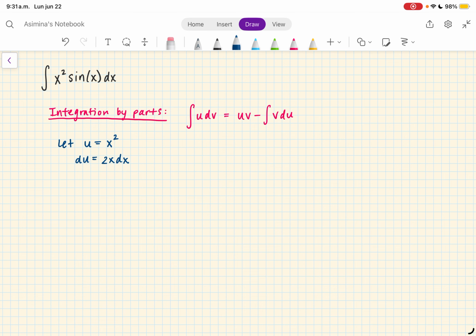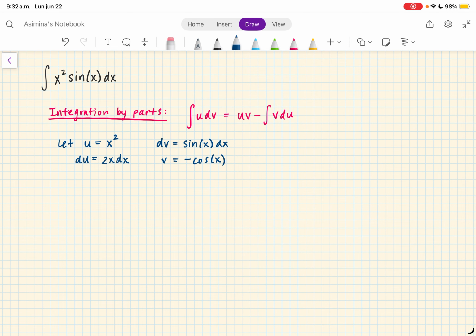Now, if u is x squared, that means it's this part, then this part, the sine of x dx, must be dv. So I'm going to let dv be sine of x dx. Now what's v? So now I basically am taking an antiderivative of sine of x, which is negative cosine of x.